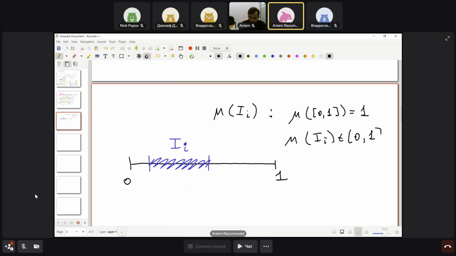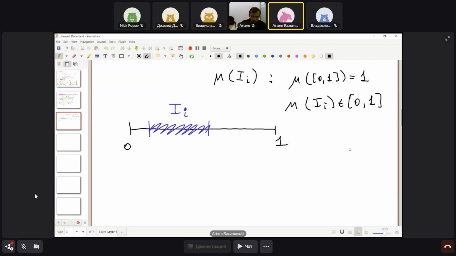So if you have all topics, you have 1. If you have none of them with good quality, it's 0. And we will just take the ratio of good quality. I don't know how to write it correctly, but I think this will be understandable.